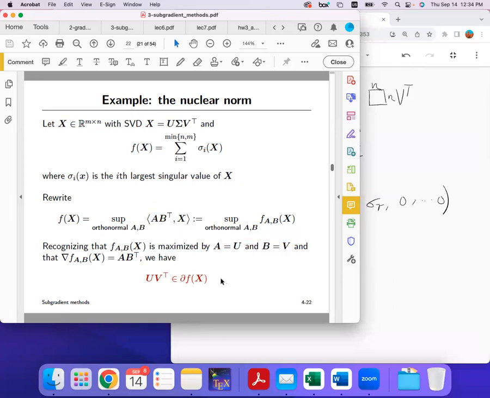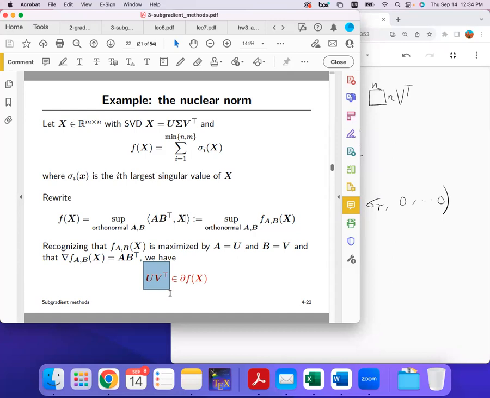By the pointwise supremum subdifferential rule, the subdifferential of this function can be characterized by the activated function. This inner product achieves the supremum value at this point, and the gradient at every point is given by A B transpose. So the subdifferential contains U times V transpose, by the pointwise supremum subdifferential rule.